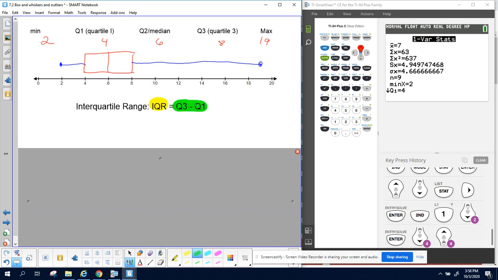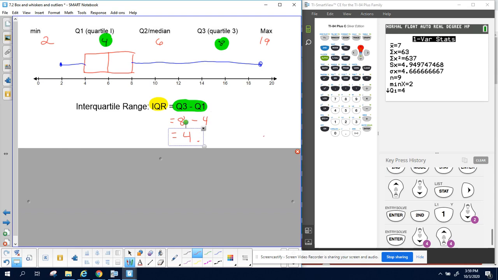All you have to do is find the Q3 number, that's the 8, and the Q1 number, and subtract them, and you have found the IQR, or how far apart the ends of the box are is another way to refer to that. So I'm going to put some work in here. The Q3 number for our data set was 8, and the Q1 number for our data set was 4. The interquartile range is equal to 4.